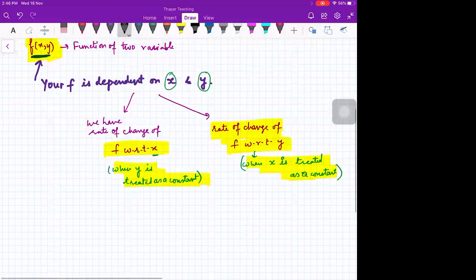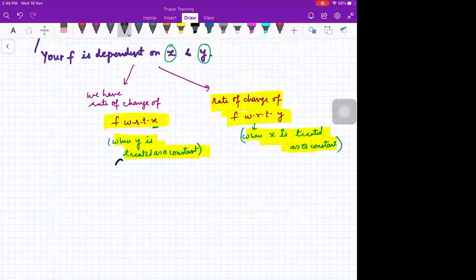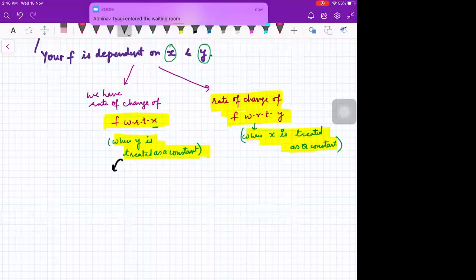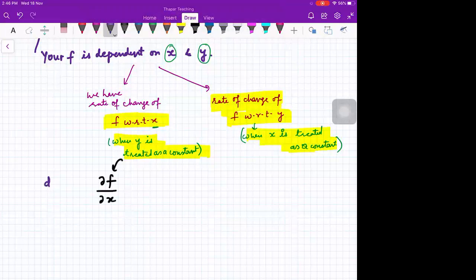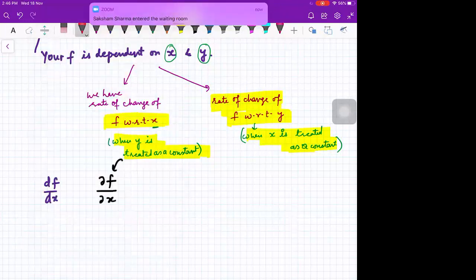This rate of change of f with respect to x is denoted by curly f by curly x. You will not write a d, you will write this symbol, called partial or curly.